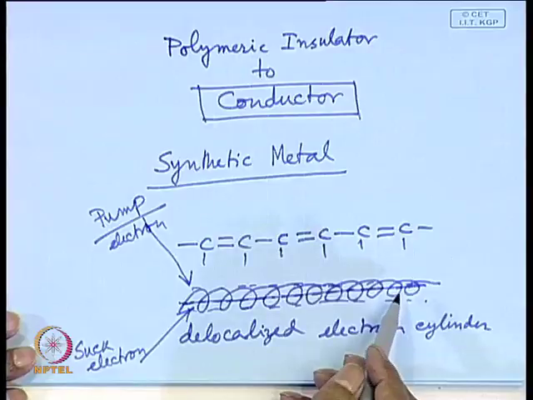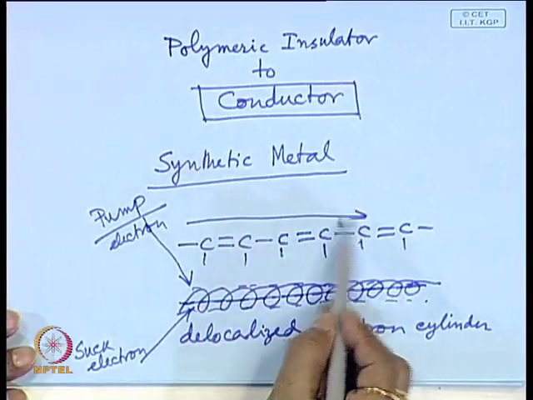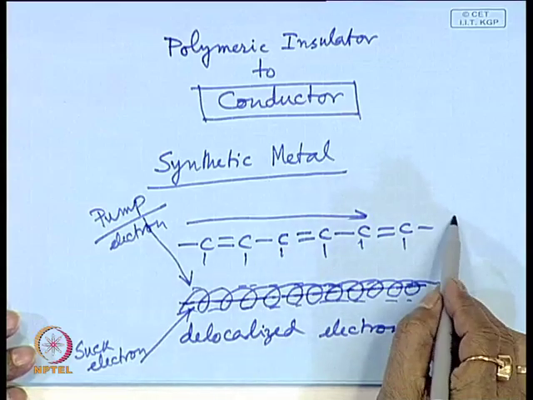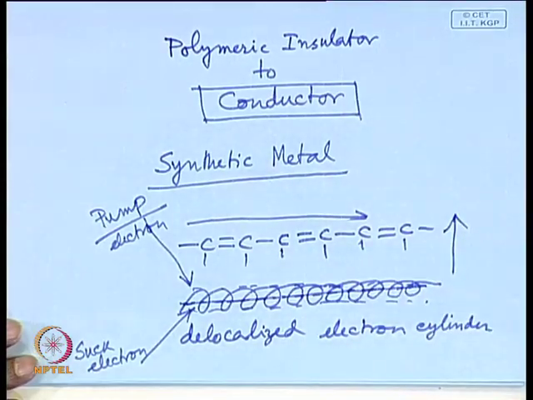That means molecular alignment, that means it is related to crystallinity, molecular order, is not it? Otherwise, there will be short circuit. Theoretically, we are telling that the electron cloud is delocalized, that means it is in this direction, but we do not bother to think about the other direction also, conductivity in the other direction.